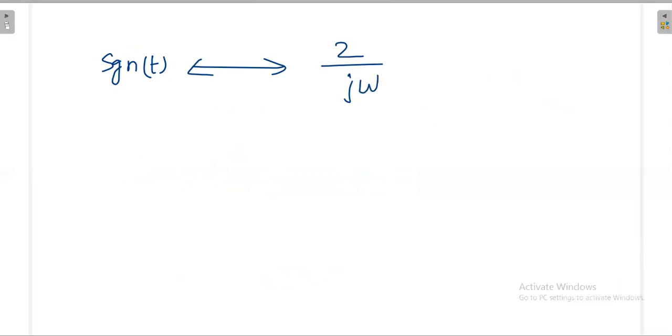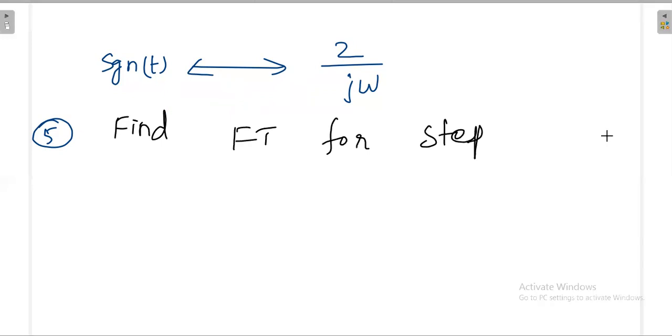Next, we'll try to find the Fourier transform for the step signal. What is the problem here?